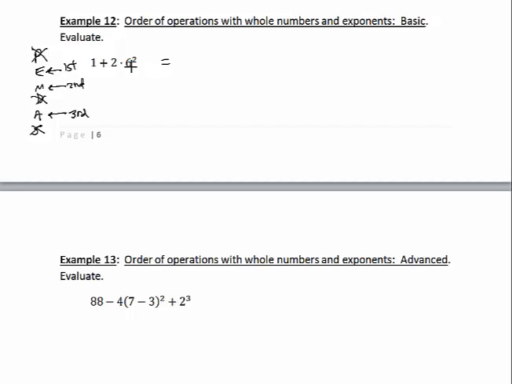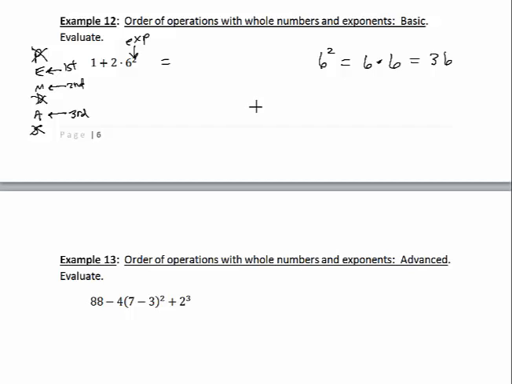Okay, well, where's the exponent? Here is the exponent, the 2, and it's only being applied to the 6. So to knock out this first step, I'm going to go way over here off to the side and ask myself, what is 6 squared? 6 squared is a 6 times a 6, and 6 times 6 is 36.